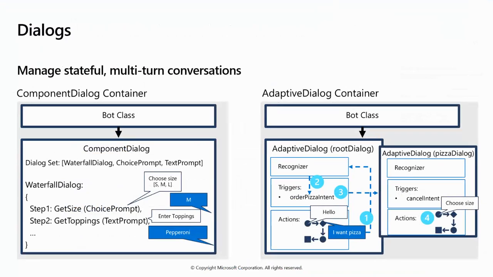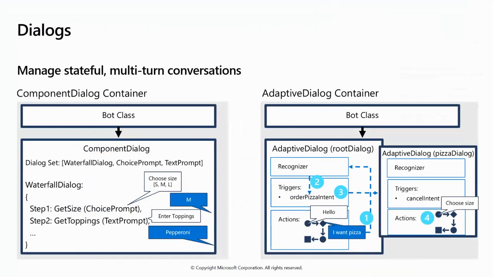In this type of conversation, the bot starts a root dialogue. Keep in mind that root dialogue. This has a flow of actions which can include branches, loops and triggers that can be started by an action or something called a recognizer.